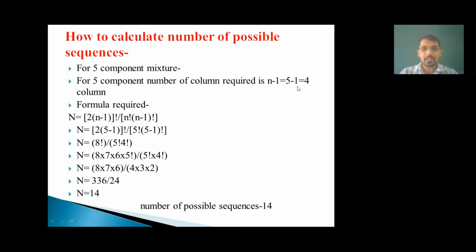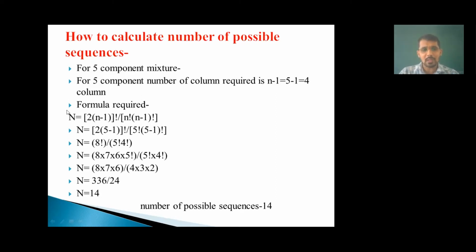Means to separate a 5 component mixture, 4 distillation columns will be required. The formula to calculate the number of possible sequences is capital N equals 2 in bracket small n minus 1 factorial divided by n factorial into n minus 1 factorial.